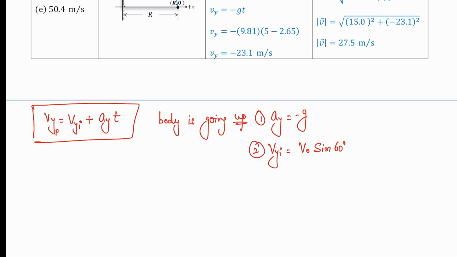Is it fine? Okay. Time is already given. Time is 5 seconds. So Vy final is equal to V naught sine 60 minus gt. So what is the value here of the velocity?